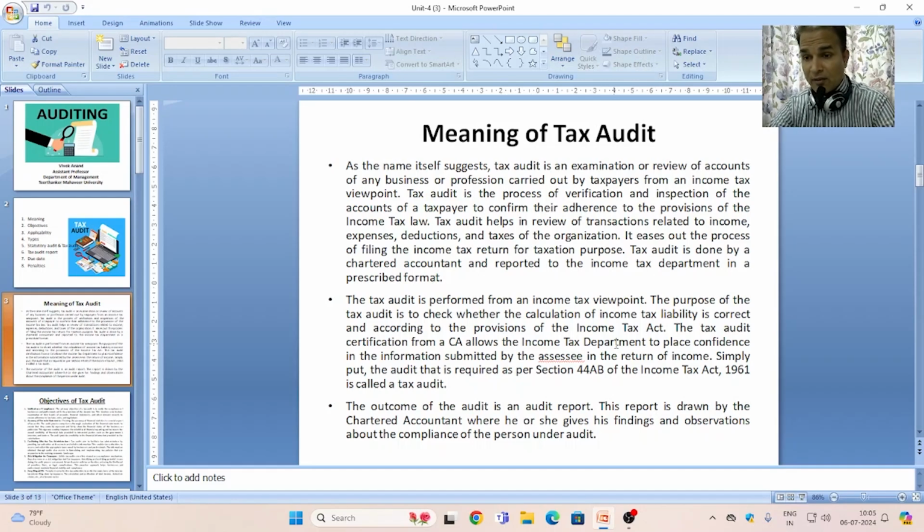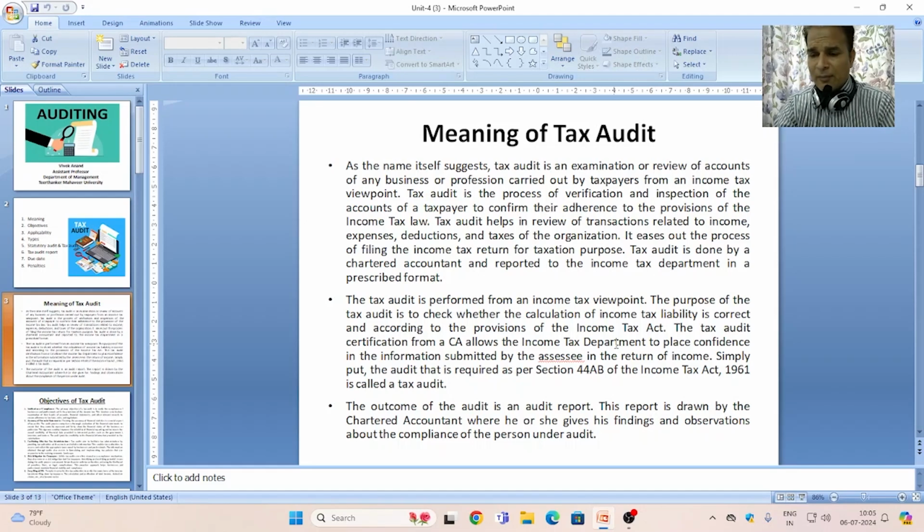Tax audit helps in review of items related to income, expenses, deductions, and tax of the organization. It makes easy the process of filing income tax return for taxation purposes. Tax audit is done by a chartered accountant and the audit report is submitted to the income tax department in a prescribed format.